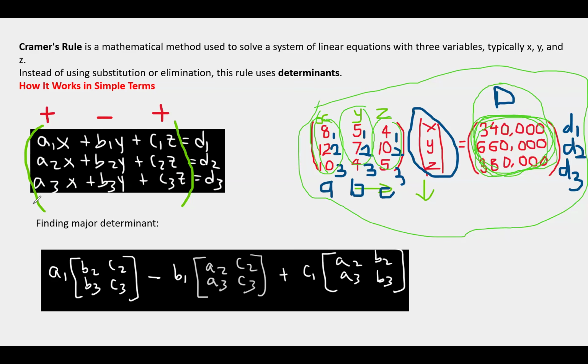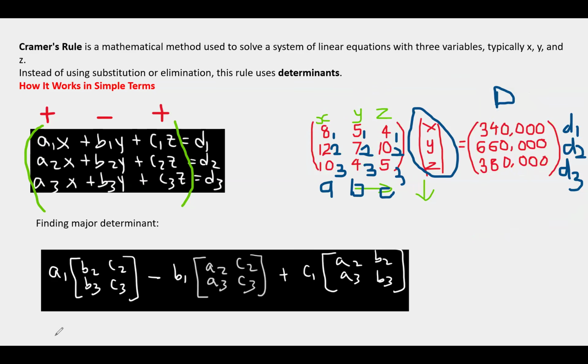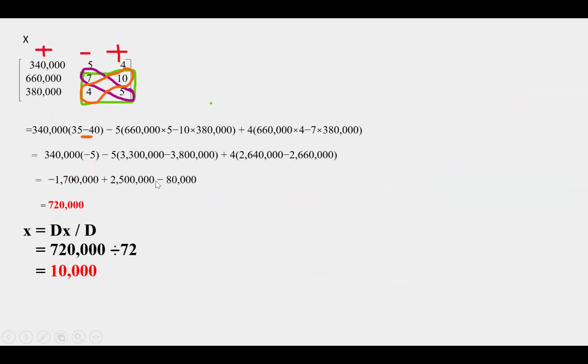So just to progress, let me clear all my drawings. So to find x, as I was explaining earlier, you're going to replace the values of x with the totals here, which is now 340, 660, and 380.